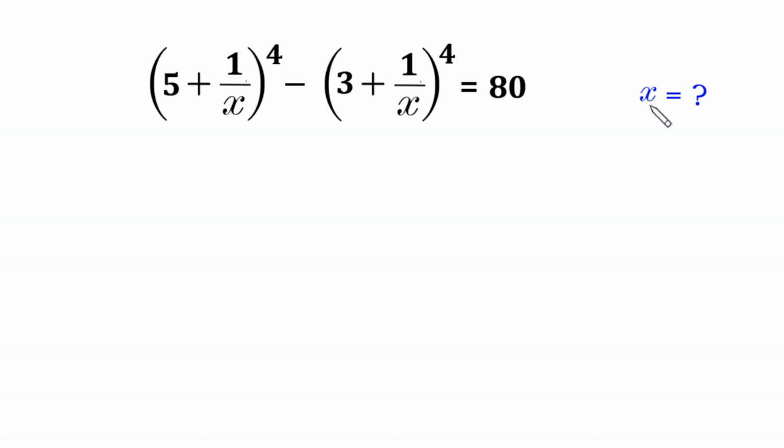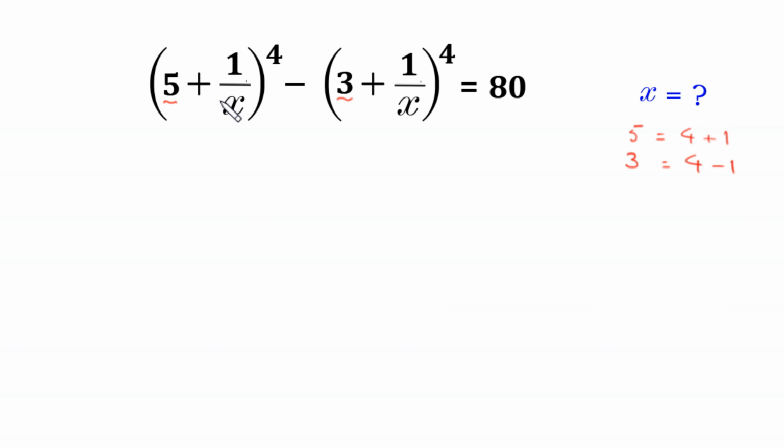So let's start. This 5 can be written as 4 plus 1, and this 3 can be written as 4 minus 1.